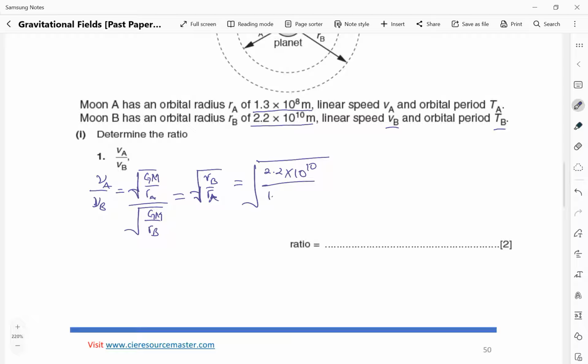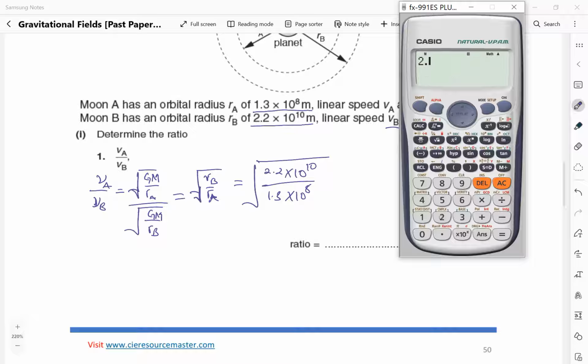RA is 1.3 times 10 to the power of 8. So I'll just say 2.2 divided by 1.3 and the square root of the answer.